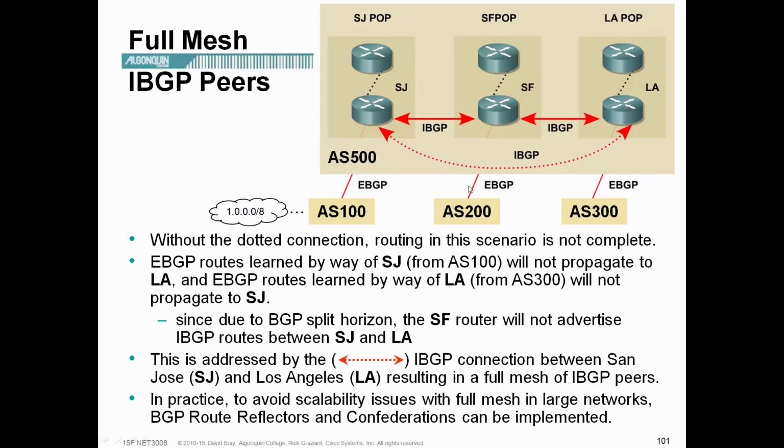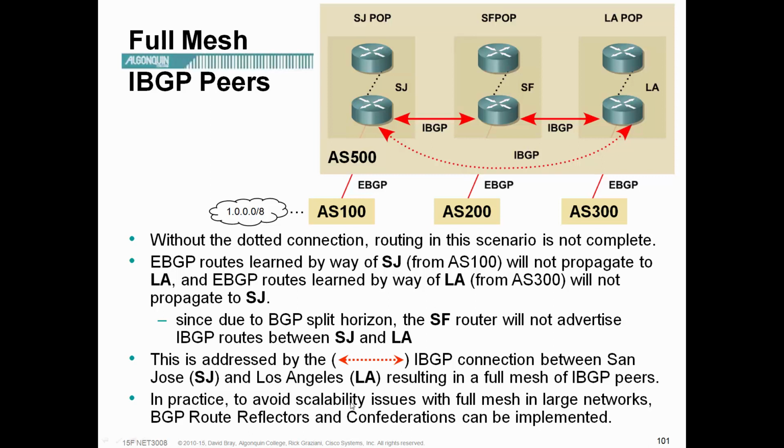In case you're wondering, as soon as we talk about full mesh, remember we're talking about order n squared connections, where n is the number of routers. As you probably guessed, this has a huge resource impact on scalability.